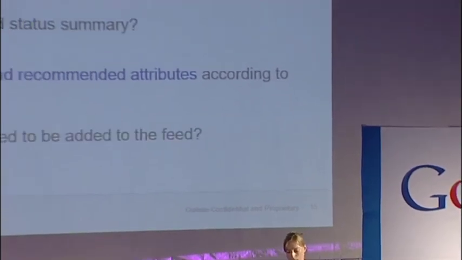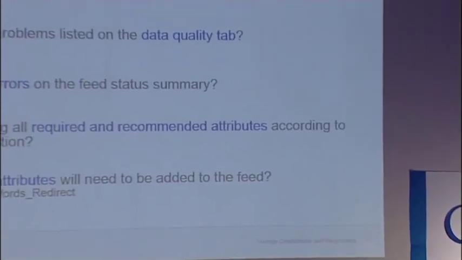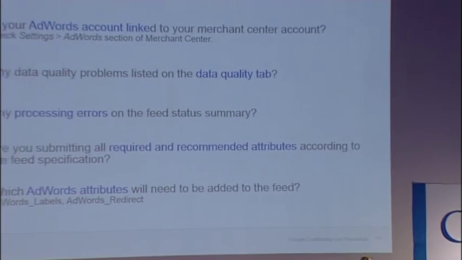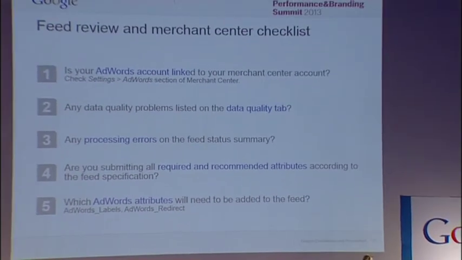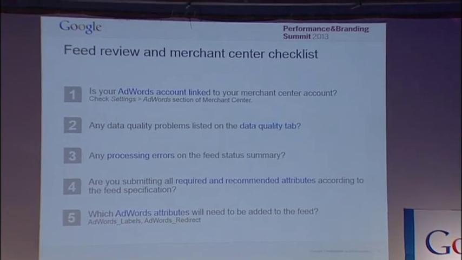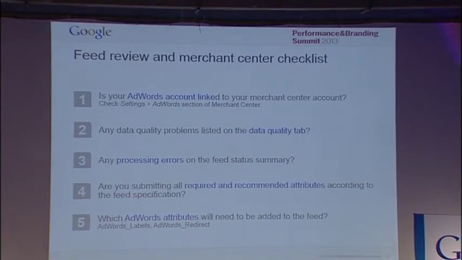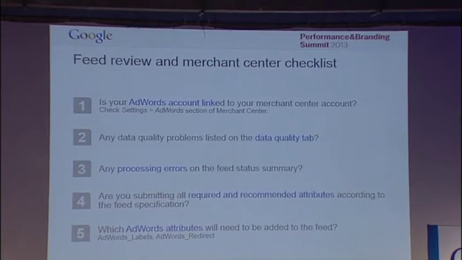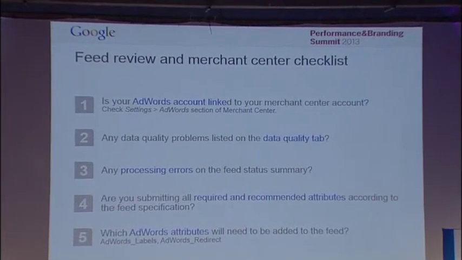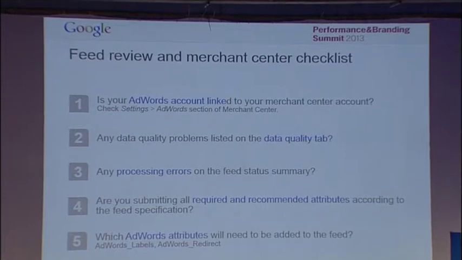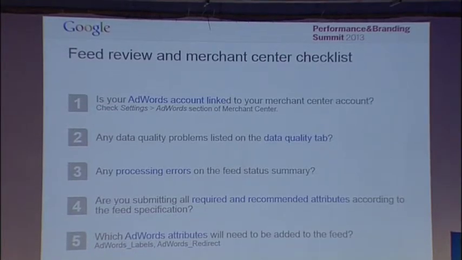Here's a quick checklist you can check if you can't see your product listing ad campaign running and you wonder what's wrong. A few things to check is, have you linked your AdWords account and your Merchant Center account? So you need to do it in the Merchant Center under Settings AdWords, as well as in AdWords under Ad Extensions.